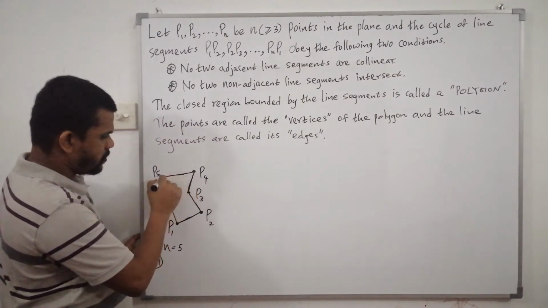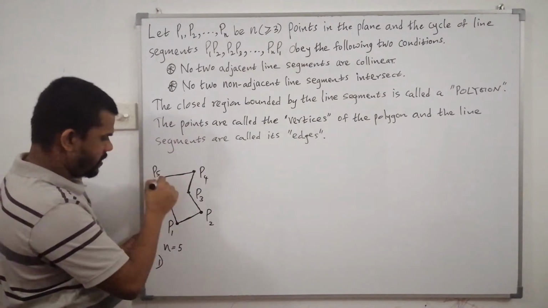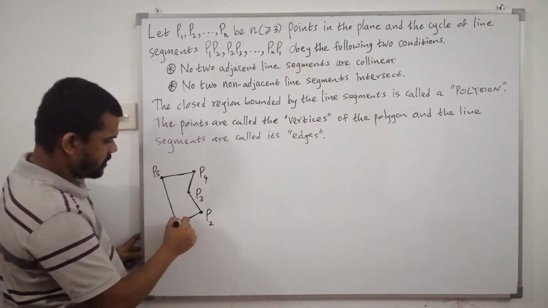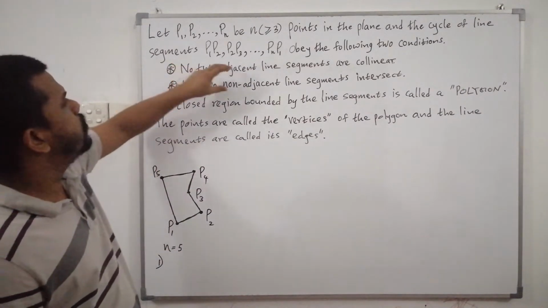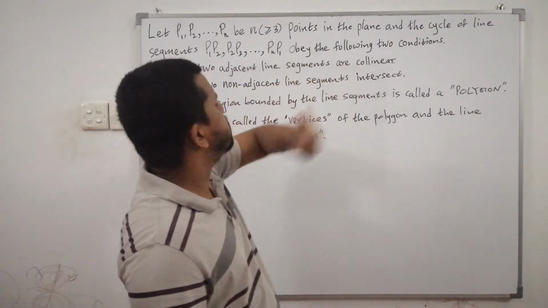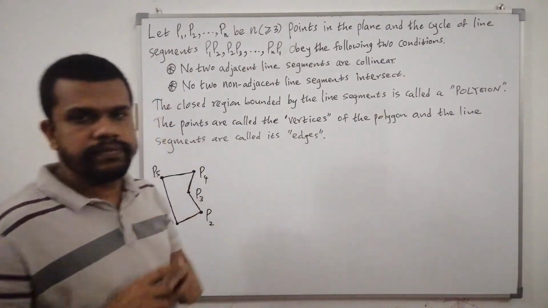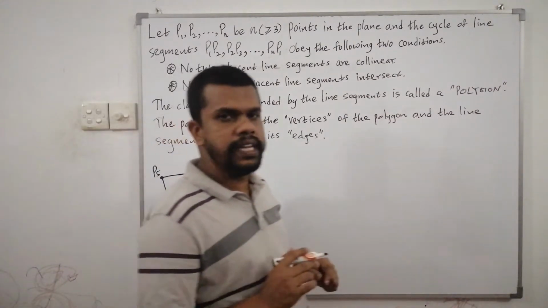This one is adjacent to this. Again, this one is adjacent to this one. So, no two adjacent line segments are collinear. If you consider any two adjacent line segments, they must not be collinear.